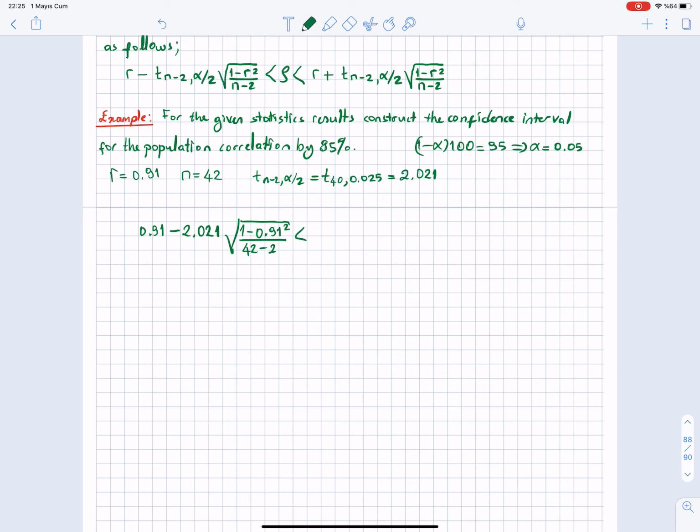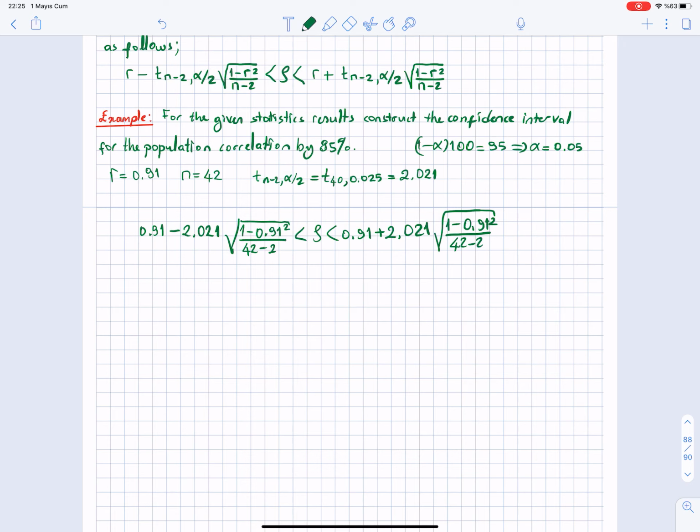This is less than rho, less than 0.91 plus 2.021 times the square root of 1 minus 0.91 squared divided by 42 minus 2.